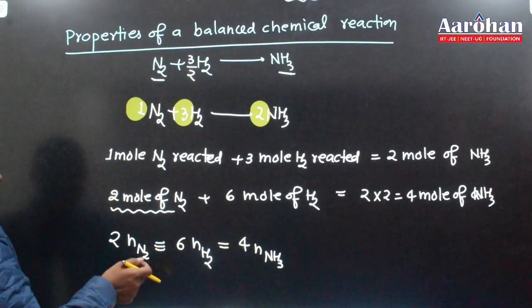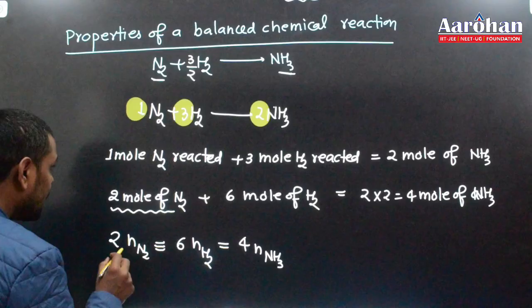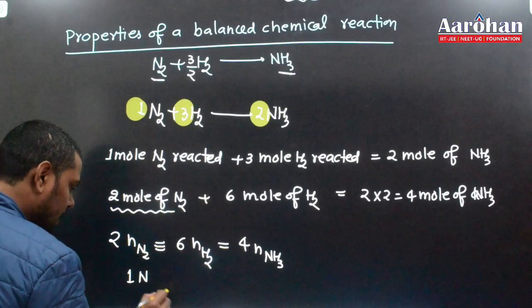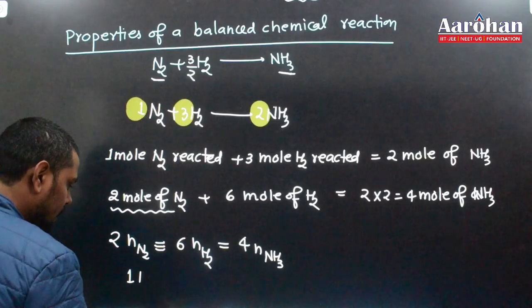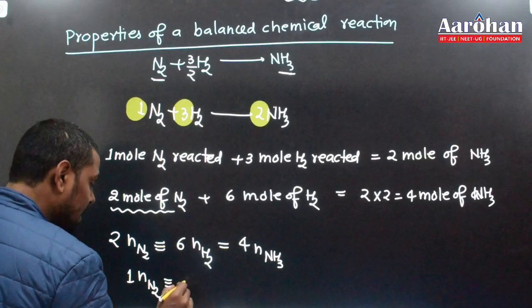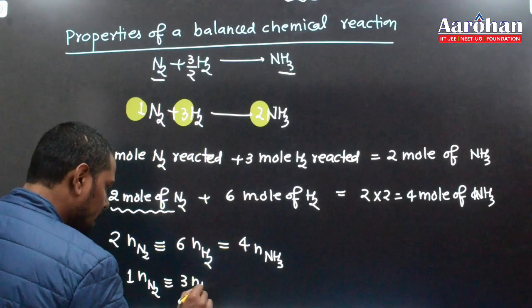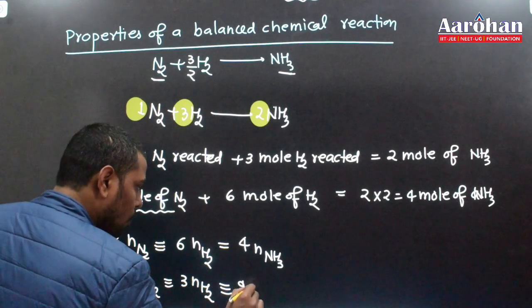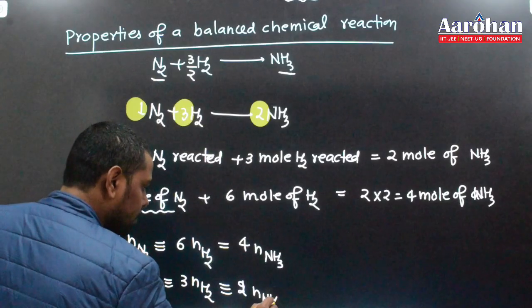If we take 1 mole, then we can write, if 1 mole of N2 is required, then we need 3 mole of hydrogen and then 2 mole of ammonia is formed.